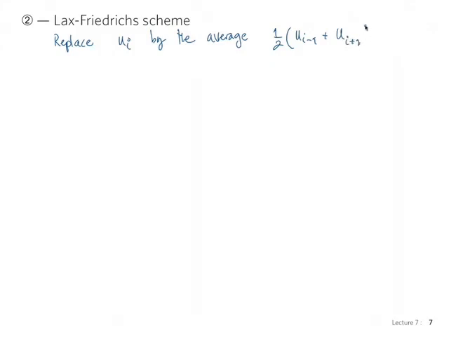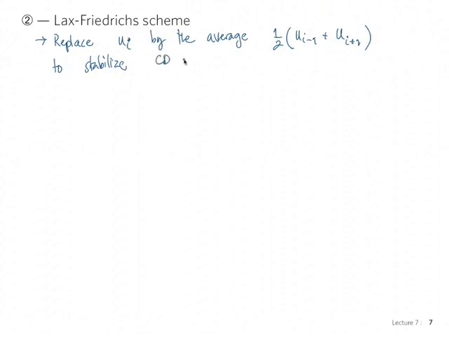So the average of the two points on either side. By introducing this replacement, this is fantastically able to stabilize our center difference scheme for the convection equation, center difference in space and forward difference in time.